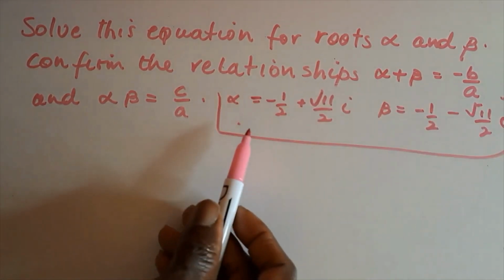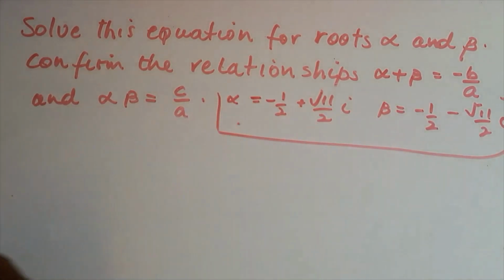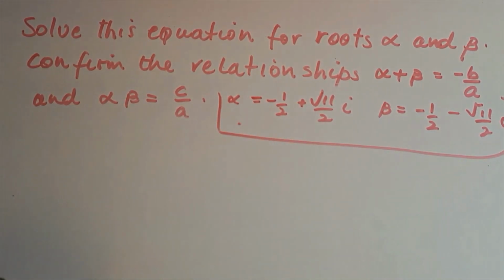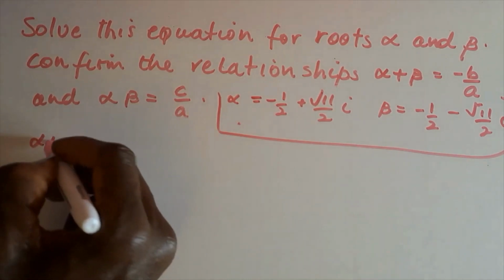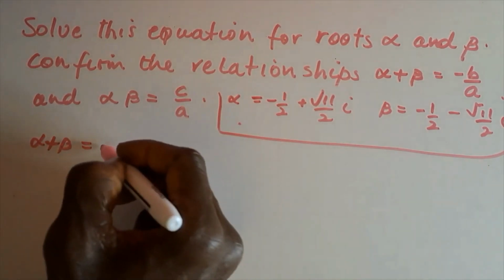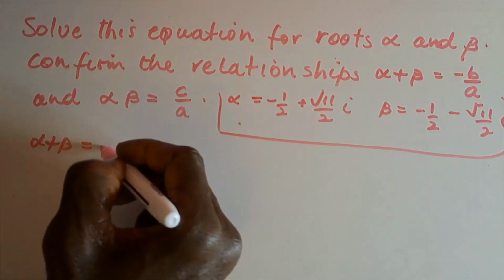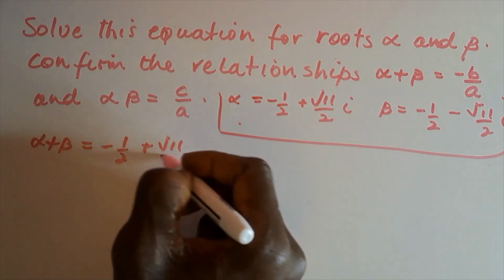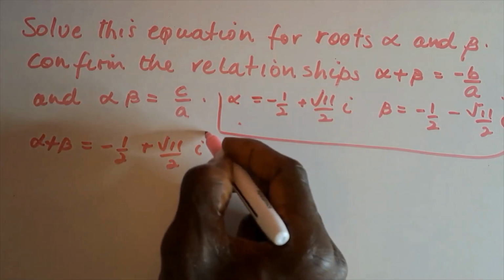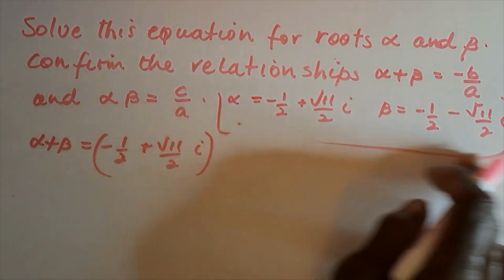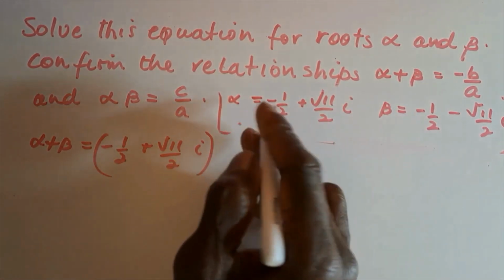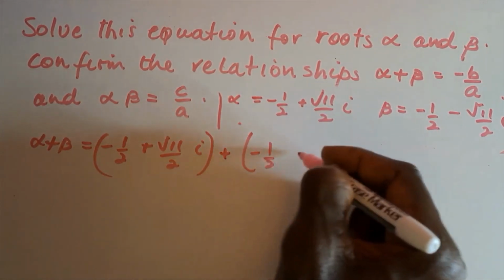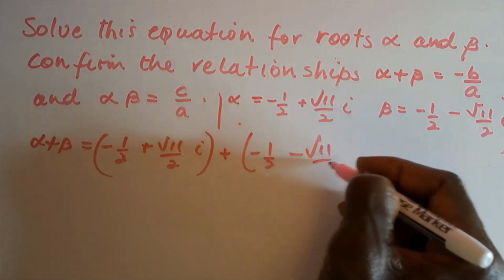Right, now that we have our two roots, alpha and beta, I've written it here in the box. We have an alpha add beta. We'll just add these two. So we have minus a half add root 11 over 2i, added to minus a half minus root 11 over 2i.